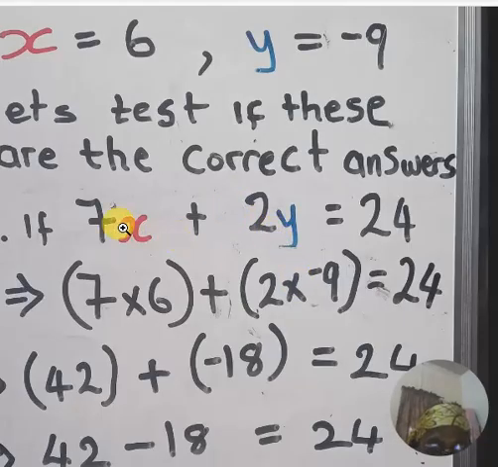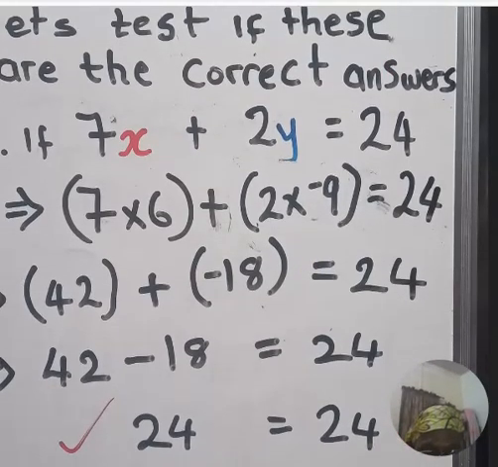So we substitute in for these two unknowns. Therefore 7x will give us 7 times 6, plus 2y will give us 2 times minus 9, which is equal to 24 as the equation reads. We know that 7 times 6 will give us 42, plus 2 times minus 9 will give us minus 18, which is equal to 24.